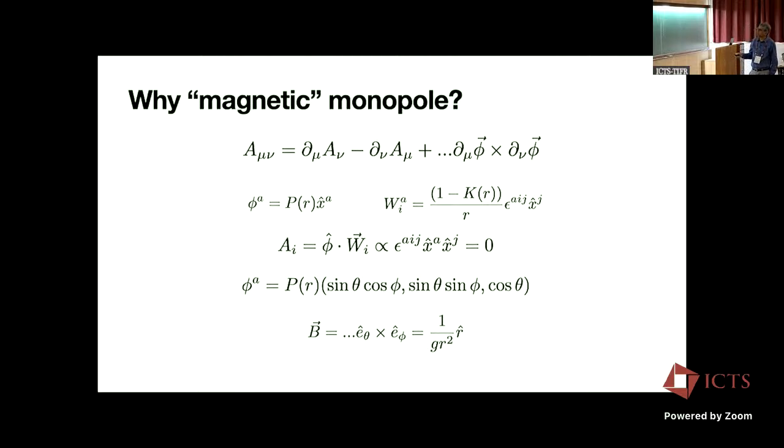And then you can find the derivatives with respect to phi, and this will be the unit vector in the phi direction. So when you do E theta from here cross E phi from here, you will get something proportional to R hat, and it turns out to be this formula over here. So the magnetic field of this solution is going to be the magnetic monopole magnetic field.